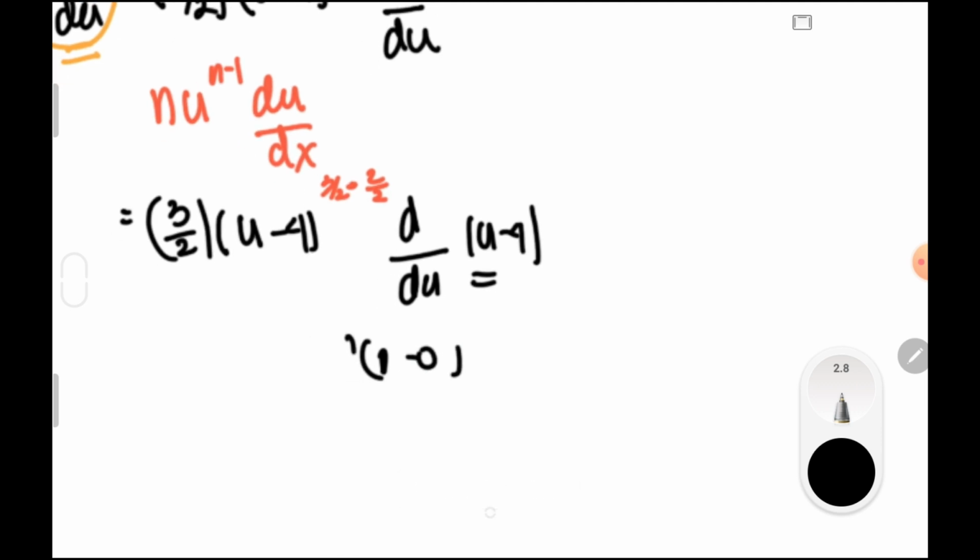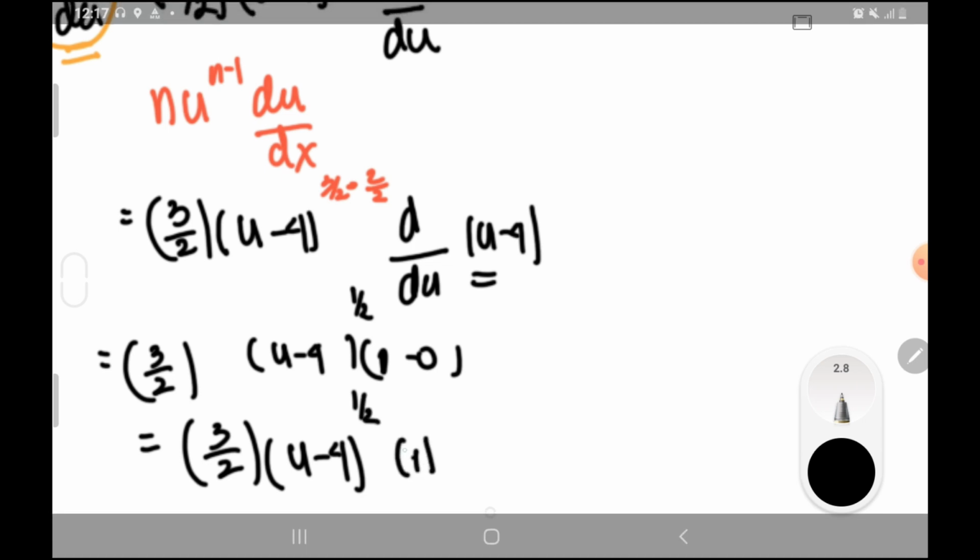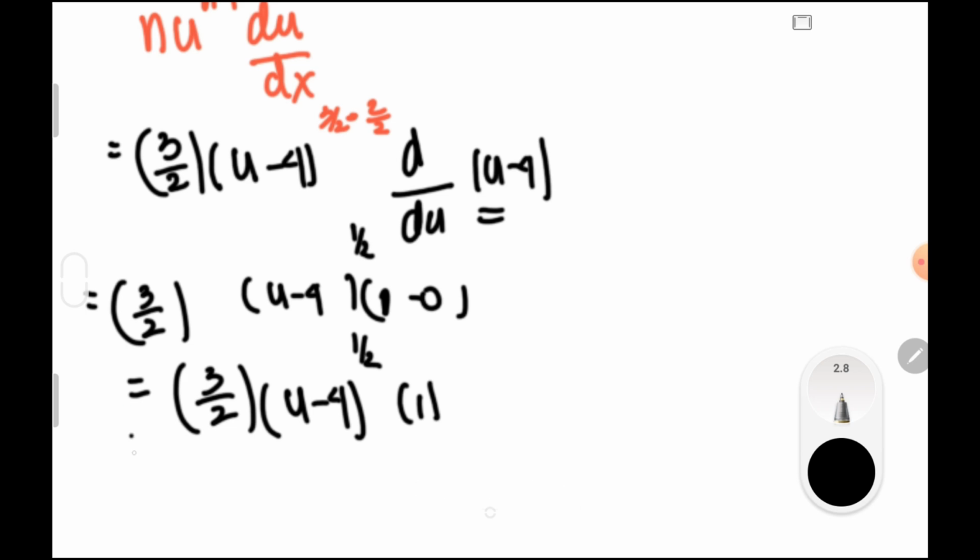So 3 halves minus 2 over 2 is 1 half. So equals 3 halves multiplied by u minus 4 raised to 1 half multiplied by 1, which is equal to 3 halves multiplied by square root of u minus 4.